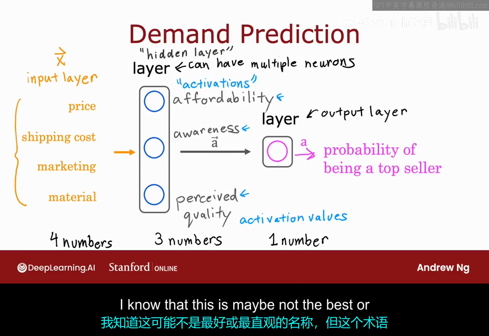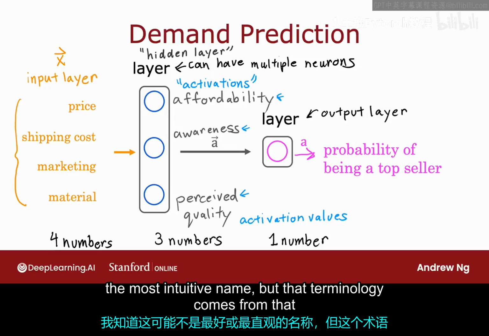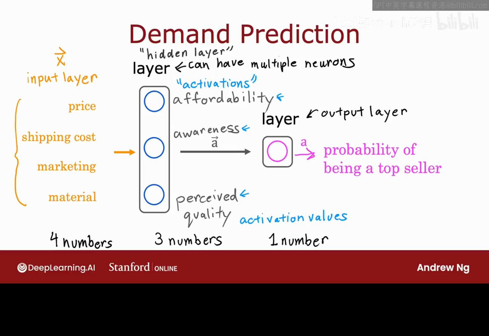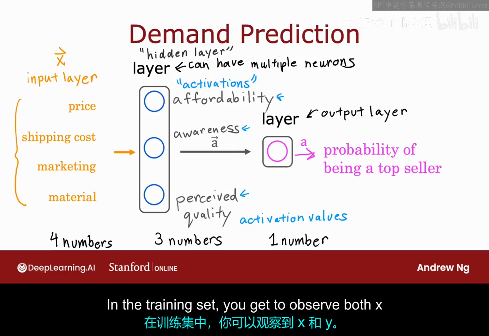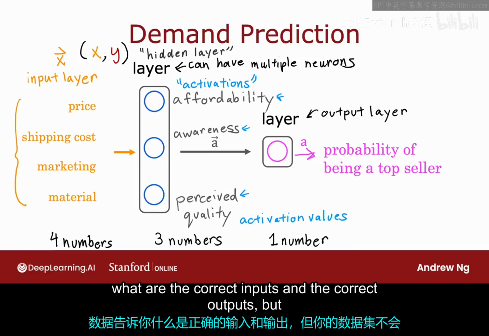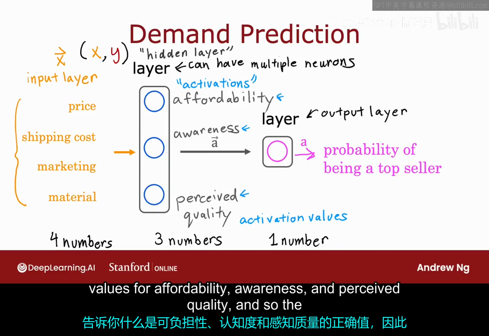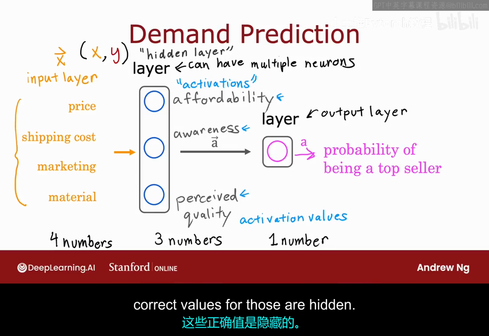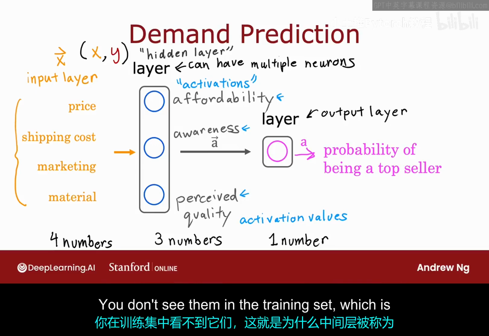I know that this is maybe not the best or the most intuitive name, but that terminology comes from that when you have a training set, you get to observe both X and Y. Your data set tells you what is X and what is Y. And so you get data that tells you what are the correct inputs and the correct outputs, but your data set doesn't tell you what are the correct values for affordability, awareness, and perceived quality. And so the correct values for those are hidden. You don't see them in the training set, which is why this layer in the middle is called a hidden layer.